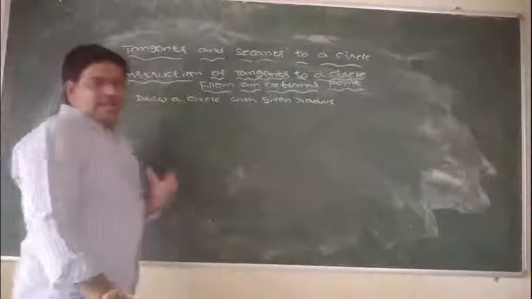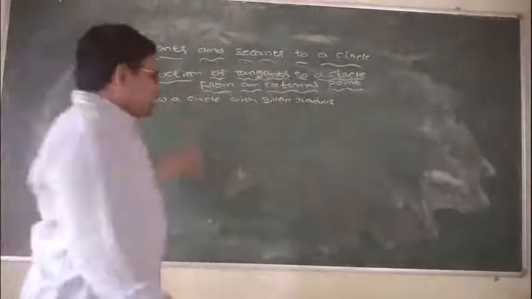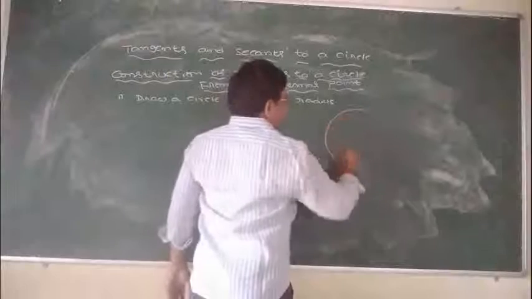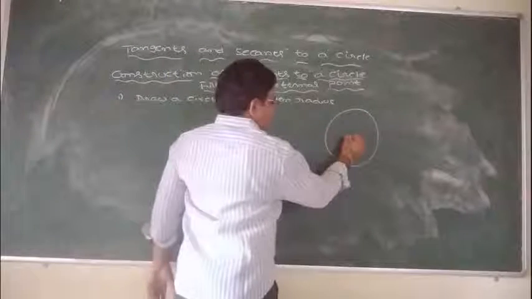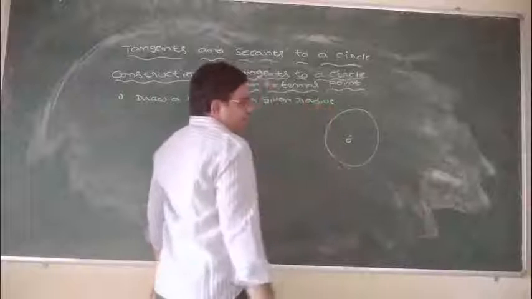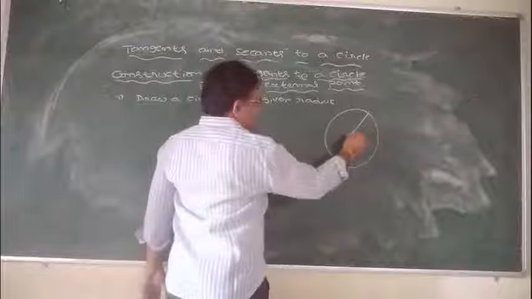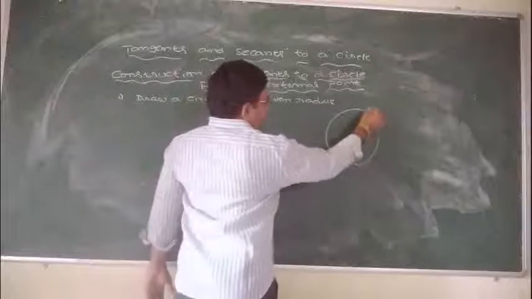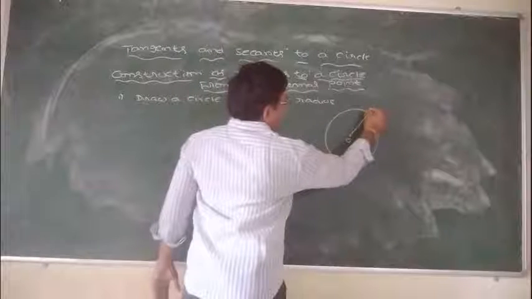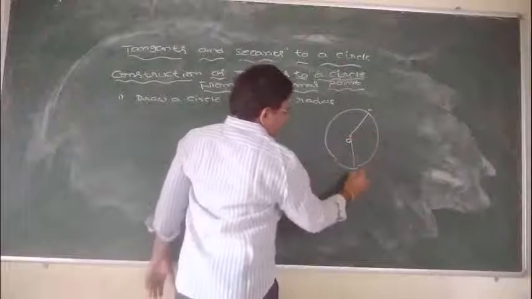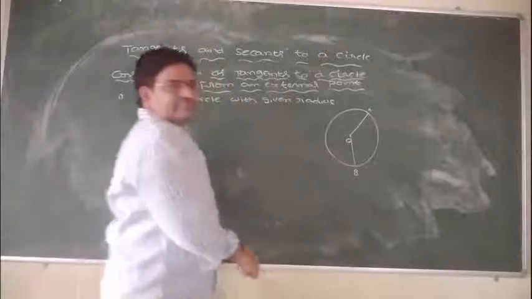That means some radius is given, then you draw a circle. This one will be O if you take it. It is the radius, A, and this is B.